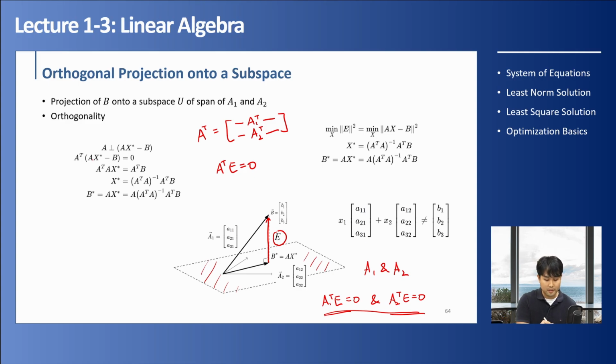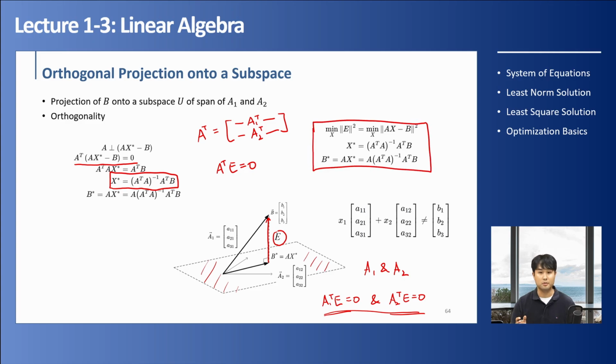So if we write this out, we have the following equation, and simplify it in terms of x, we end up with our final form, which is identical to the least squares solution that I've shown in the previous slides. So again, this is a very important property and example, especially in terms of machine learning. So unlike the least norm solution, I'd like you to memorize the least squares solution.